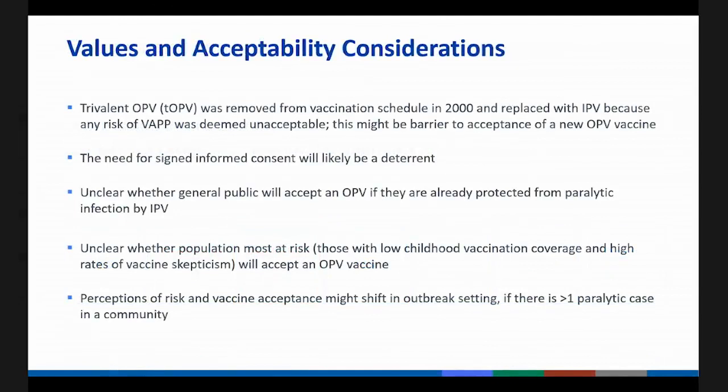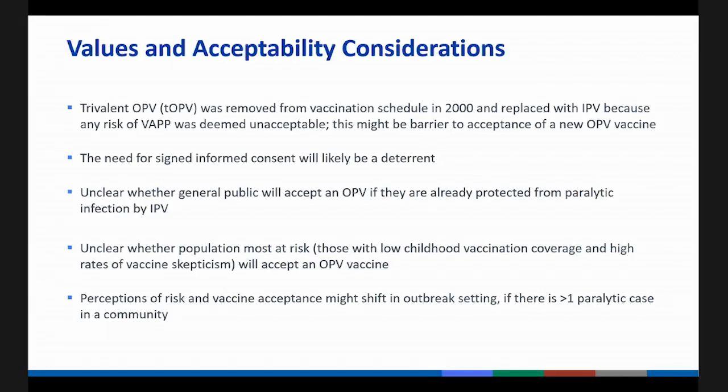So for values and acceptability considerations, trivalent OPV or TOPV was removed from the US vaccination schedule in 2000 and was replaced with IPV because any risk of VAP was deemed unacceptable at that time. So this removal might be a barrier to acceptance of a new OPV vaccine in the future.